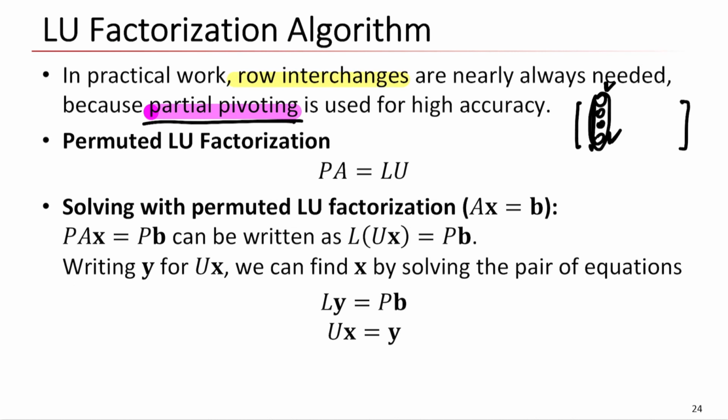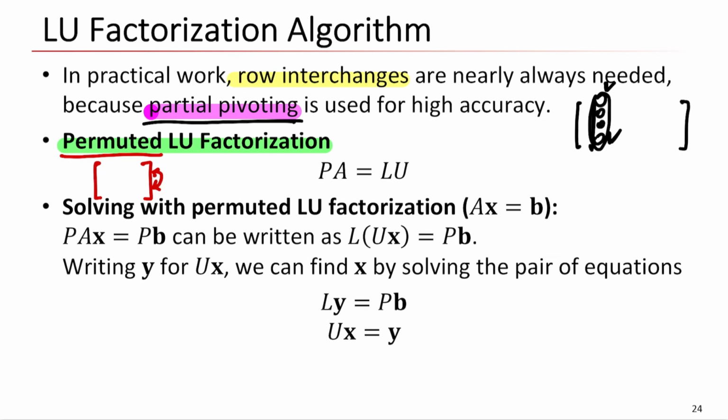So here is a new algorithm, the permuted LU factorization. Actually, this is also very intuitive. What is the meaning of permuted? It's just like that. Permuted means something like the interchange between the rows. Okay.